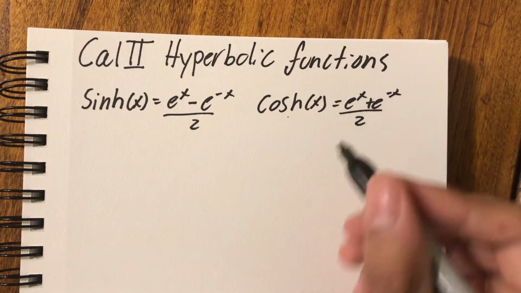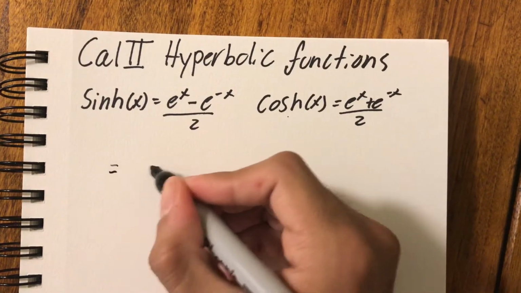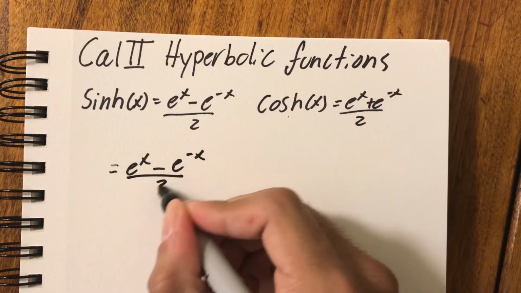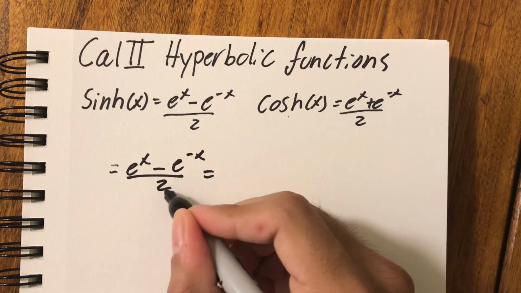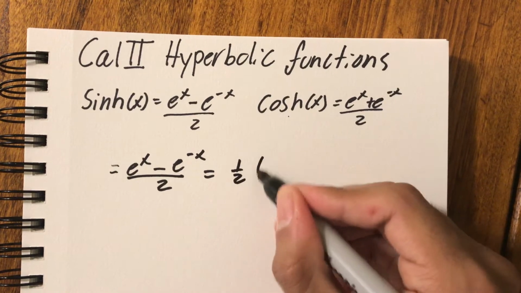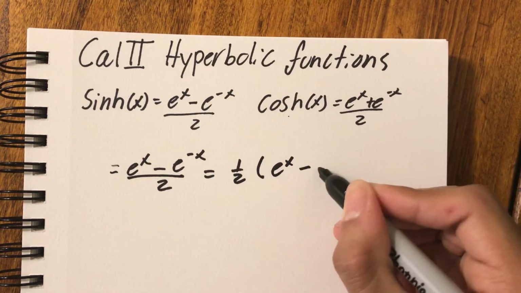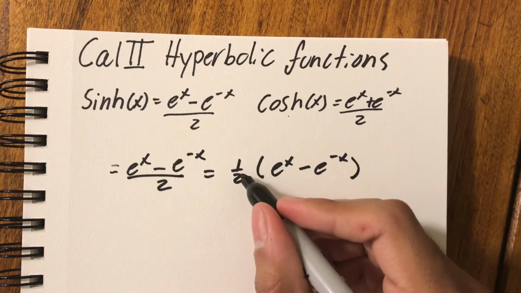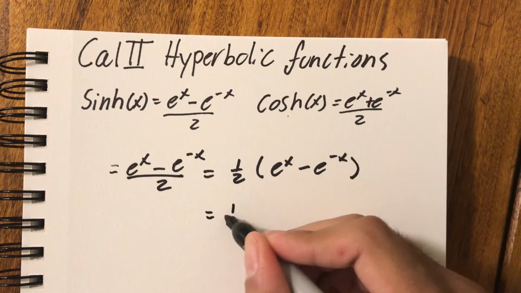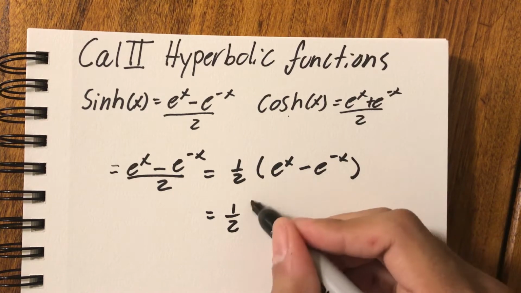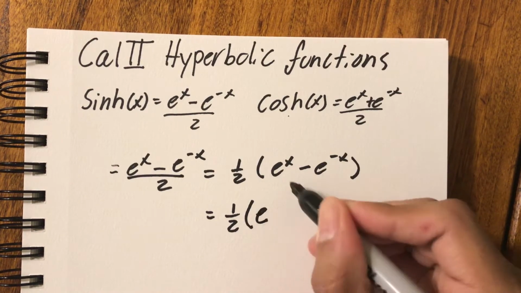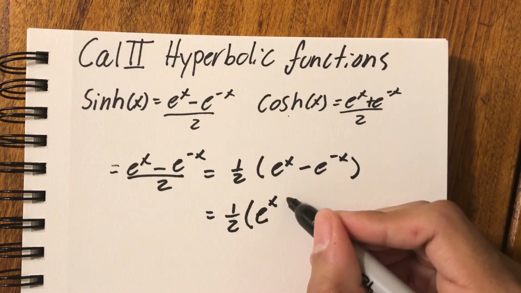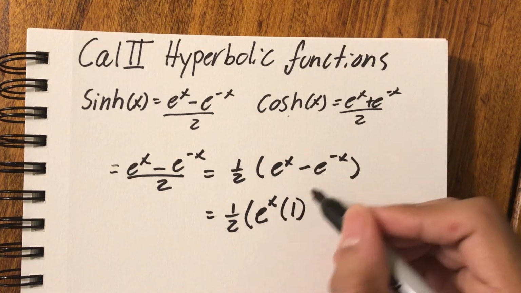So let's take hyperbolic sine, e to the x minus e to the minus x over 2. It can also be written with this 1/2 brought over, of e to the x minus e to the minus x. We all know that the derivative of a constant is just a constant. The derivative of e to the x is e to the x, its exponential multiplied by its exponential's derivative, and that's chain rule.